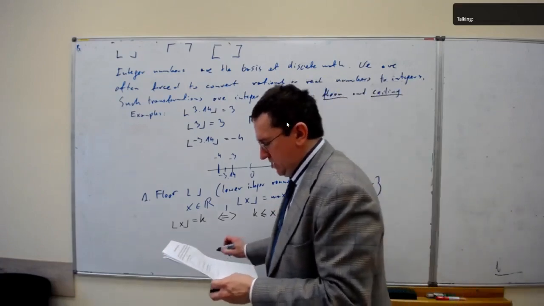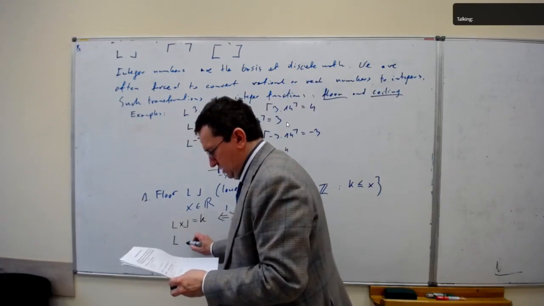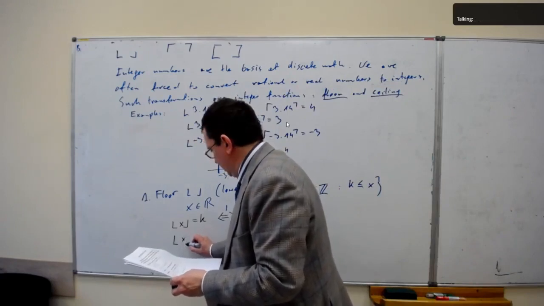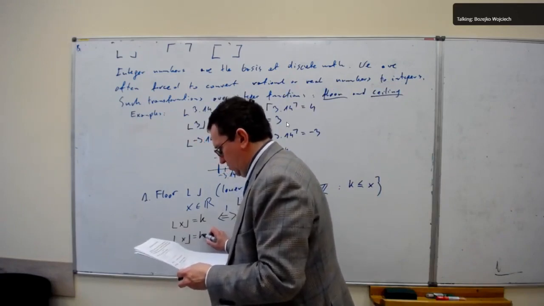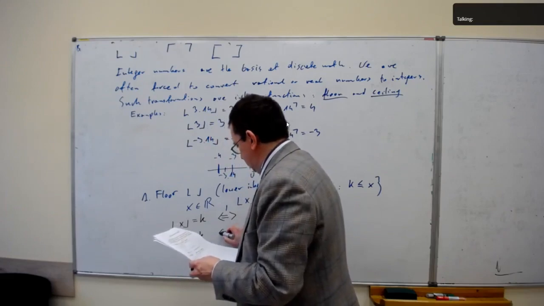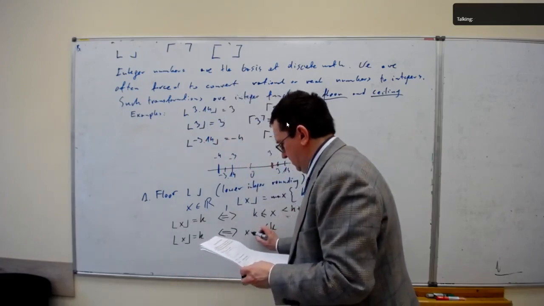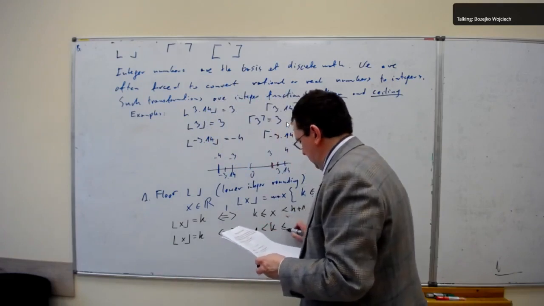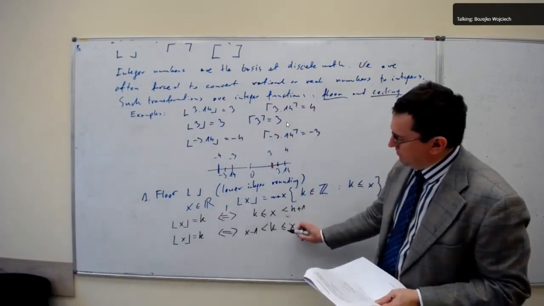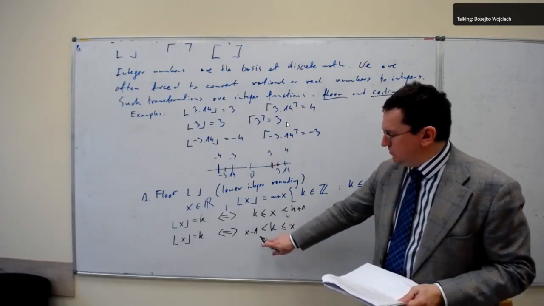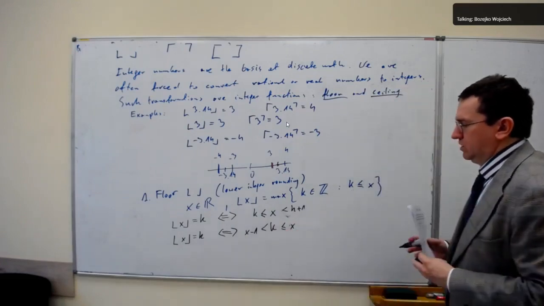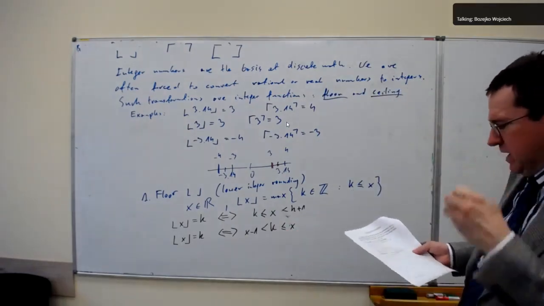The first and the second will be like this. If the floor of x is k, this is the same as saying k is between x minus 1 and x. Here we have smaller or equal. Here we have a strict inequality. This is just a property.